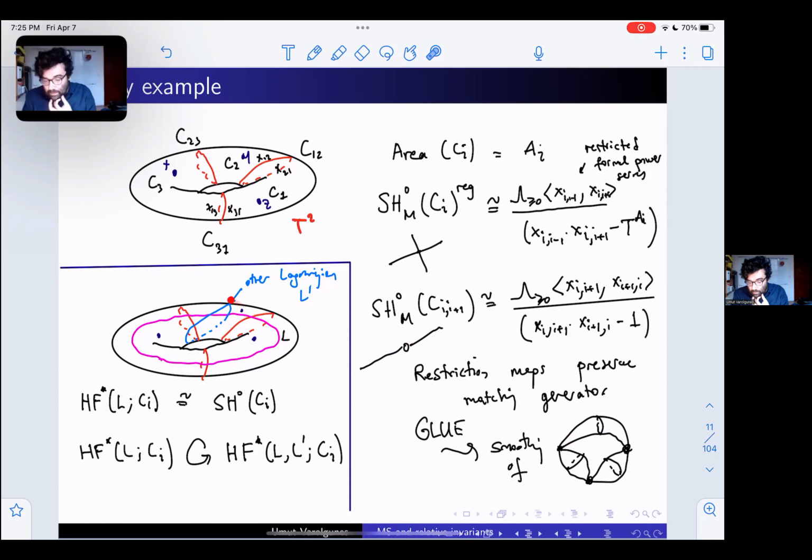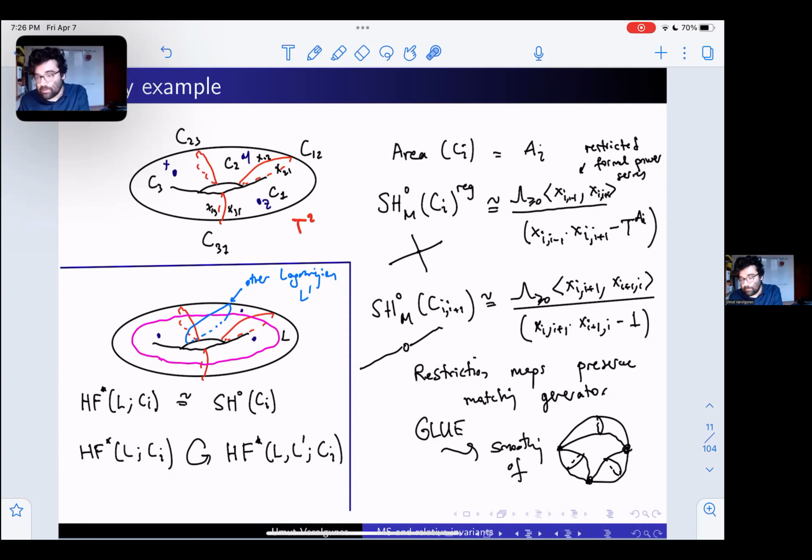Okay, I'm looking at this picture with Lagrangian L. So do I understand correctly that instead of this Floer family homology, you choose just finitely many? You do not assume that each... Yeah, so I'm not working at all with fibers.